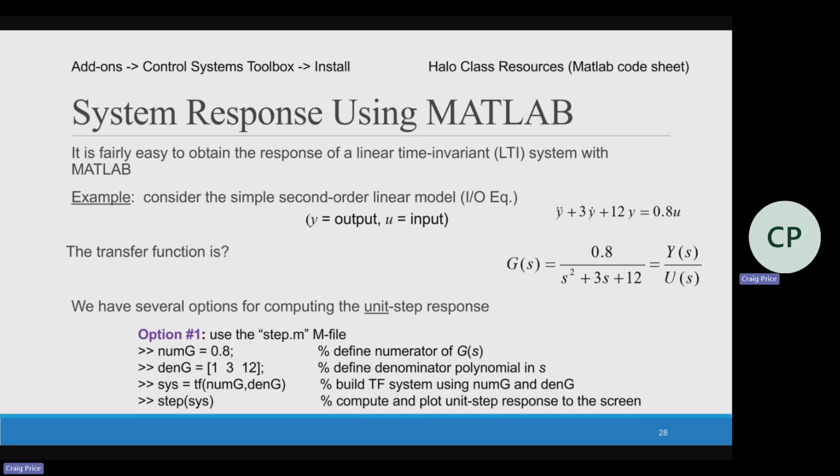I would just try the code and see if it works. I feel like it might be loading. All right, you got a step. Do you have the MATLAB code sheet? The what? It's the Control Systems Toolbox. So you go to Add-Ons. Yeah, you see it. Oh, okay. You might have it because at the beginning of the semester, I had a few things you wanted to do.